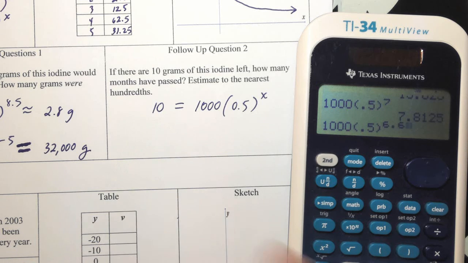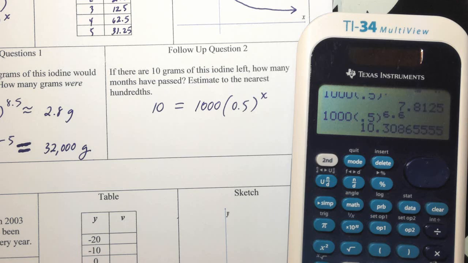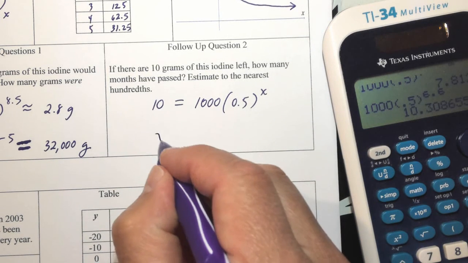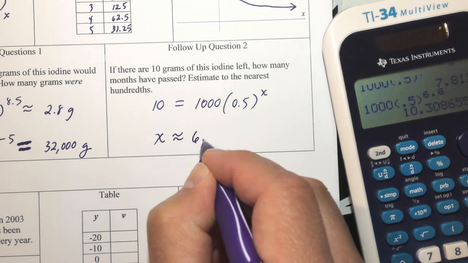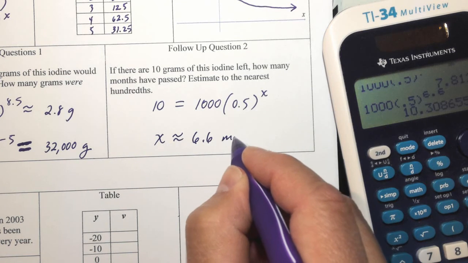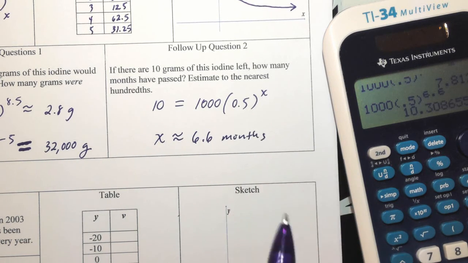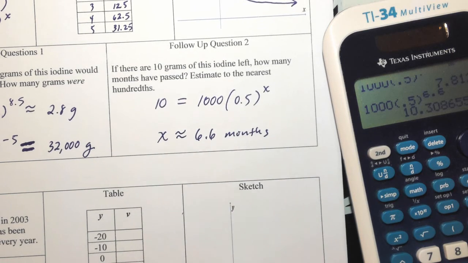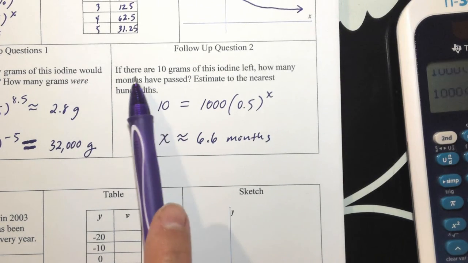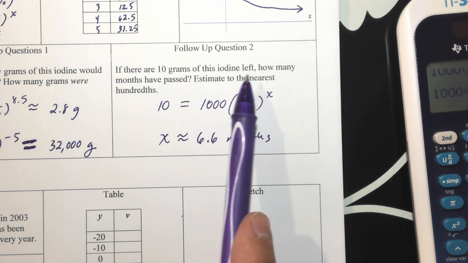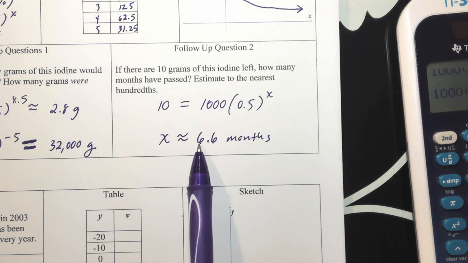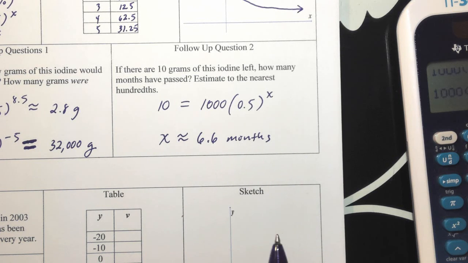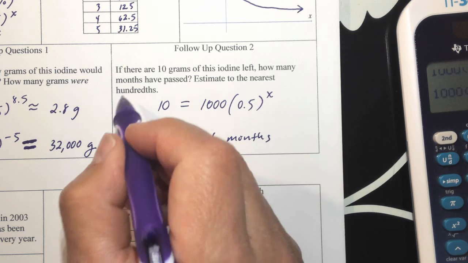Remember, I'm just trying to get close to 10. Hey! 6.6 months. Make sure you label your answer. The label shows us that you comprehend the situation. Anyways, if there are 10 grams of iodine left, how many months have passed? 6.6 months have passed. Estimate to the nearest tenths.